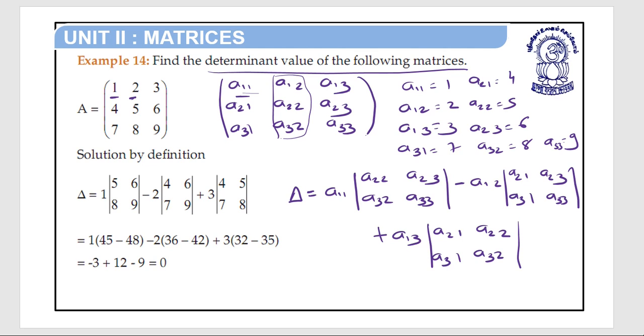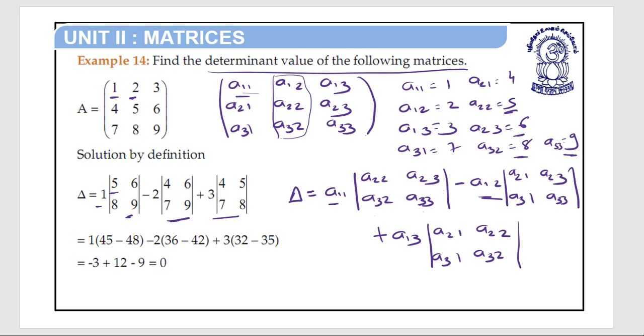Now put in the values. A11 is 1, A22 is 5, A23 is 6, A32 is 8 and A33 is 9. Now minus A12, which is 2, A21, A23, A31. We put in the values of these in the same way.